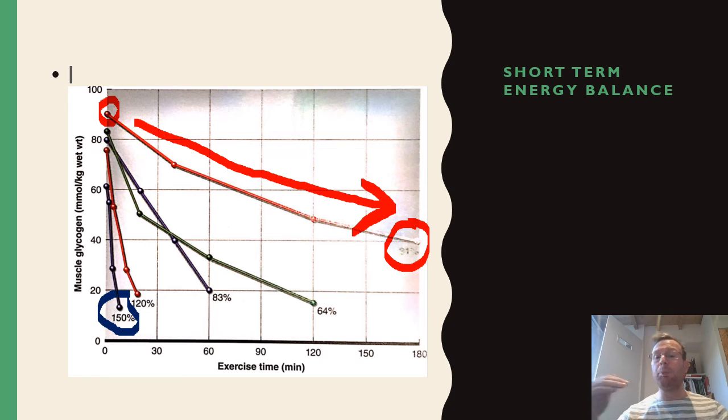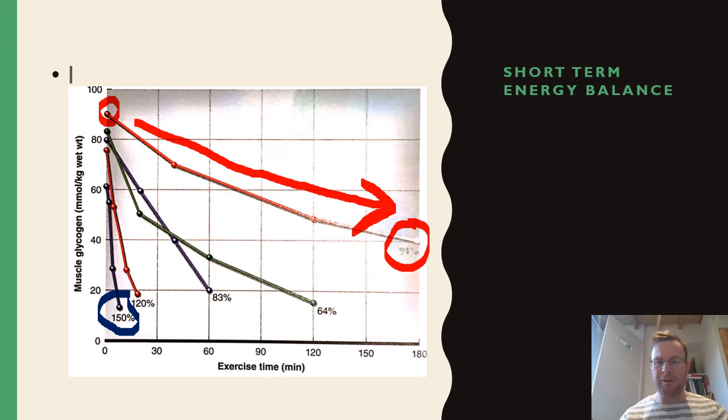So if I sprint, I can work much higher. I max out my ability to take in and use oxygen, but I'm using my anaerobic systems to work that much harder. Now what you can see is this person in blue who's working at that intensity burns through their glycogen stores within 20 minutes. I mean, they must be going at a hell of a rate of knots.